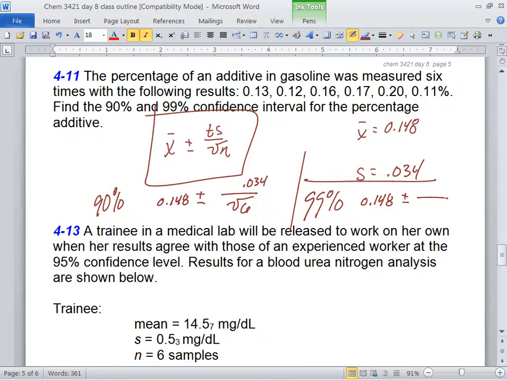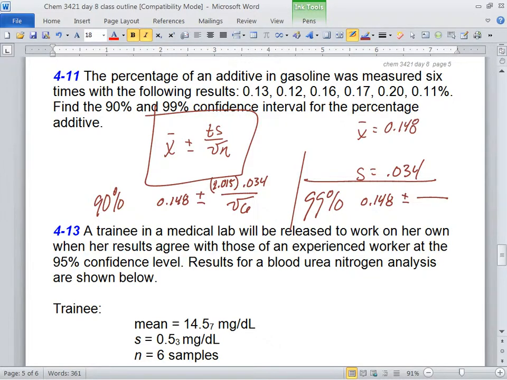What t number would you look up? Good. 5 degrees of freedom. That's the degrees of freedom you got to look up. And what's the T number? 2.015. You should be using 2.015.